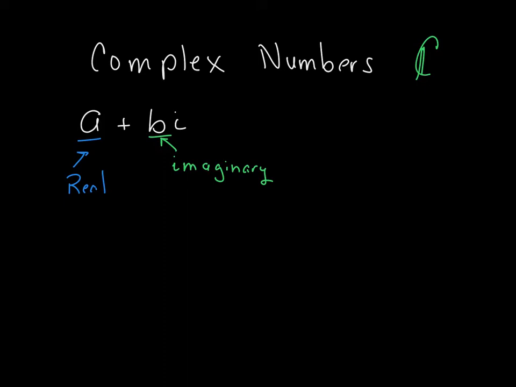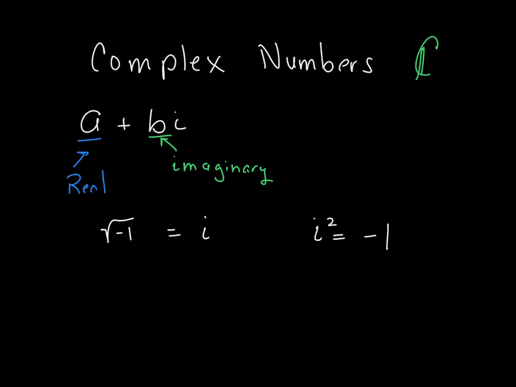So just as a quick review, anytime we have the square root of -1, that is equal to i. So let's go through a few things. By definition, anytime you have i squared, that is equal to -1.